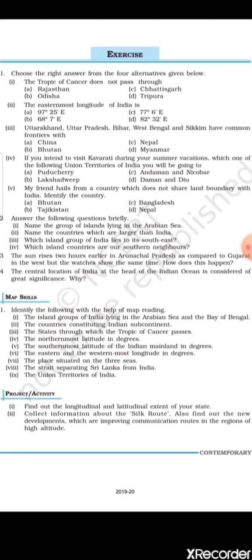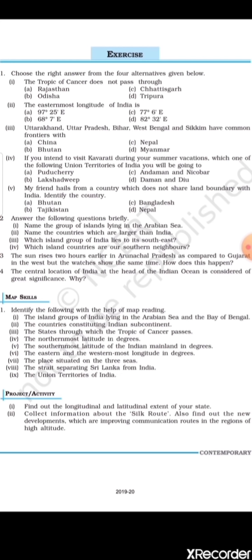See, the answer of this question is the central location of India at the head of Indian Ocean is considered of great significance because the location of India helps India to establish close contact with West Asia, Africa, and Europe.